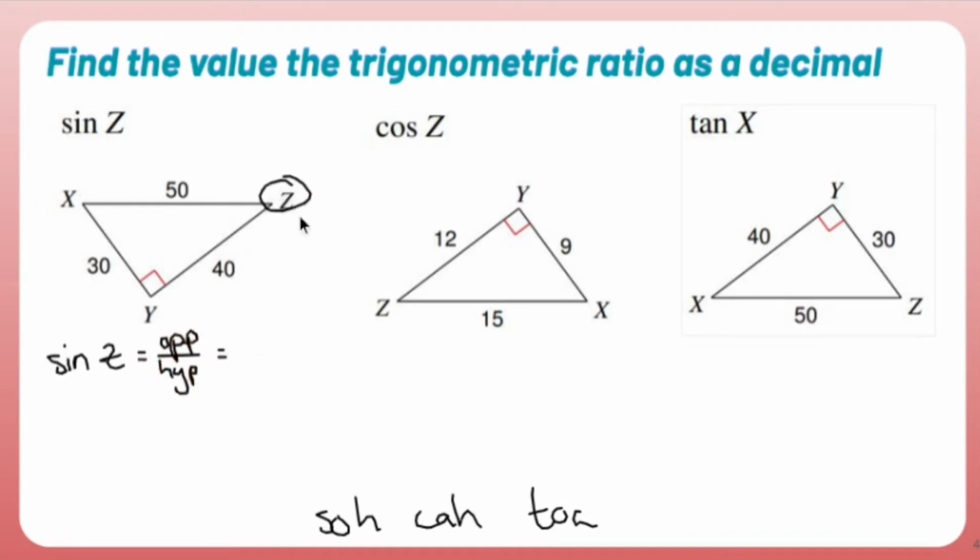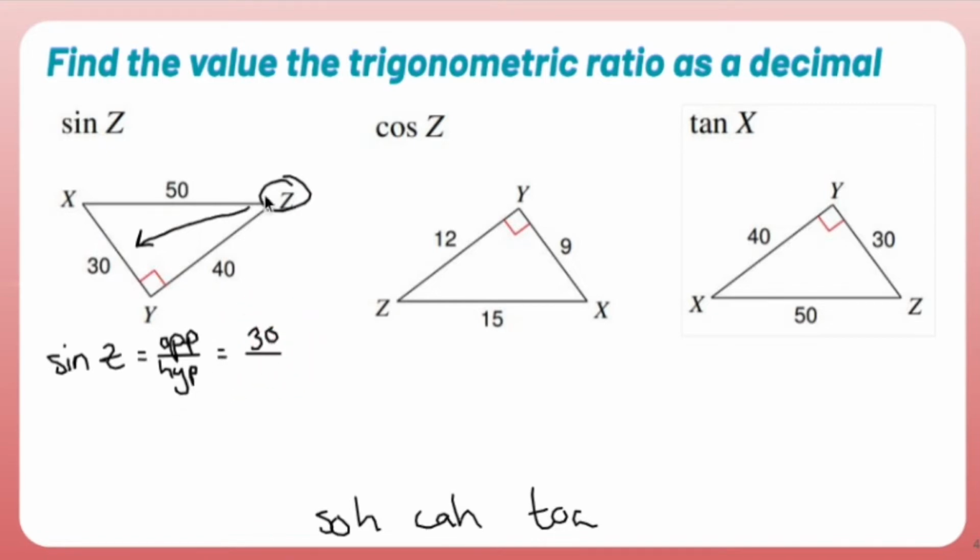Now, we compare Z with these numbers. We're going to say, all right, well, if you're just looking at this and not really worried about the letters, which one's opposite, which one's adjacent? Look at Z. The opposite to Z is 30, so my opposite is 30.